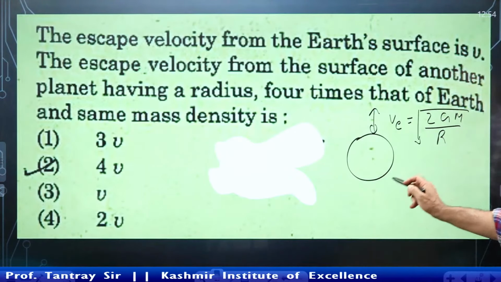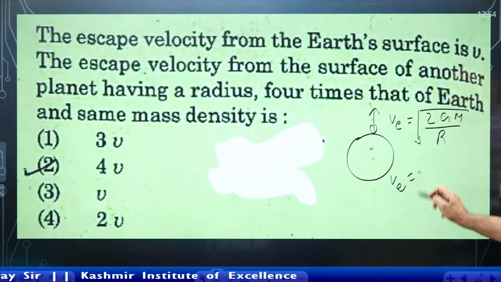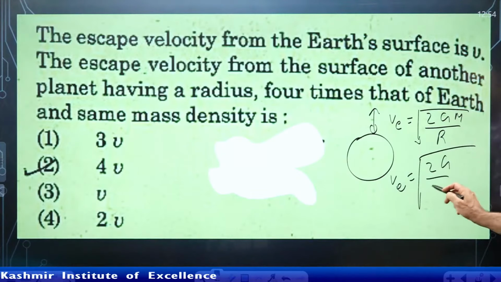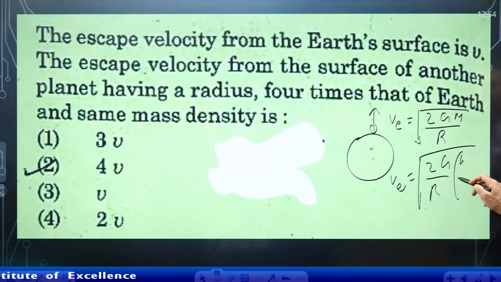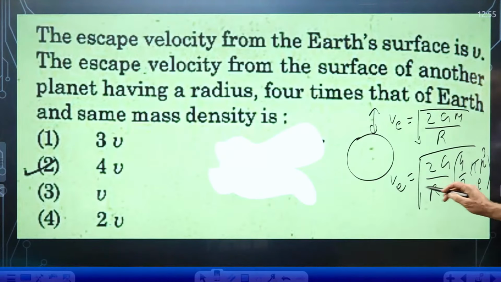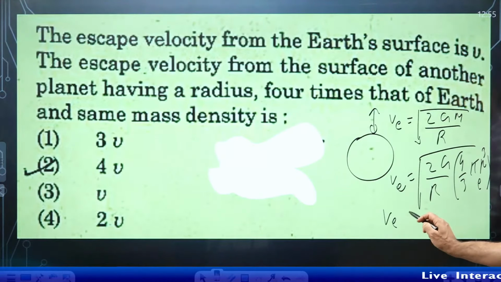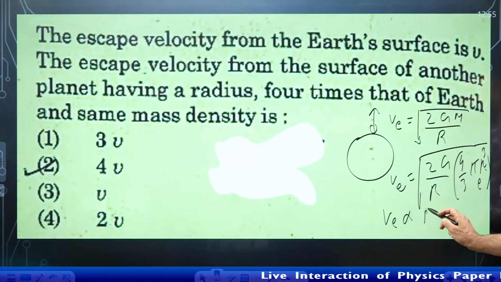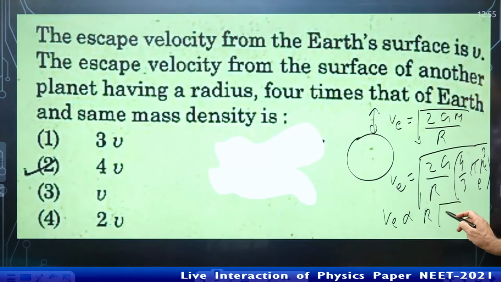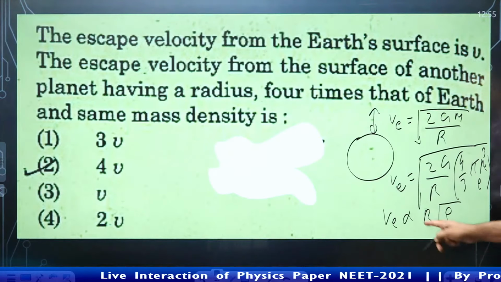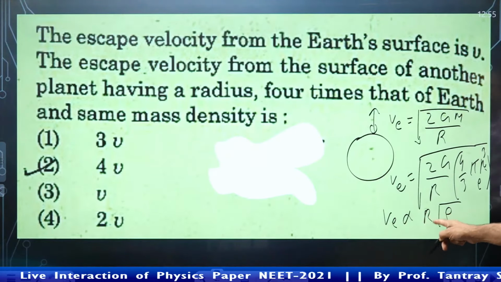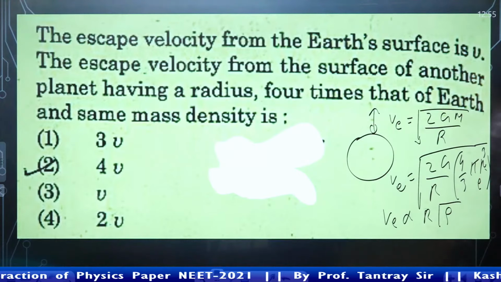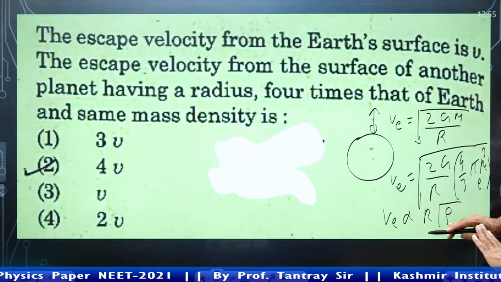That's very easy. So escape velocity is root of 2G by R, and M is 4 by 3 pi R cube rho. If you solve this, escape velocity becomes proportional to R square under root, which comes out as R, and rho remains inside. So escape velocity is proportional to R root of rho. This is the escape velocity on the surface of the Earth.